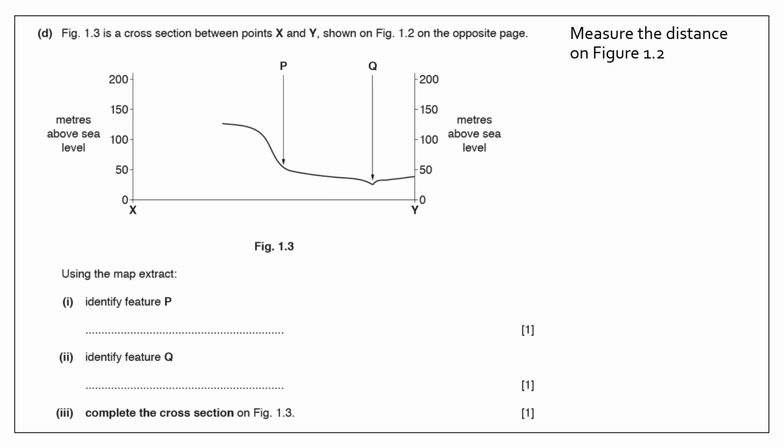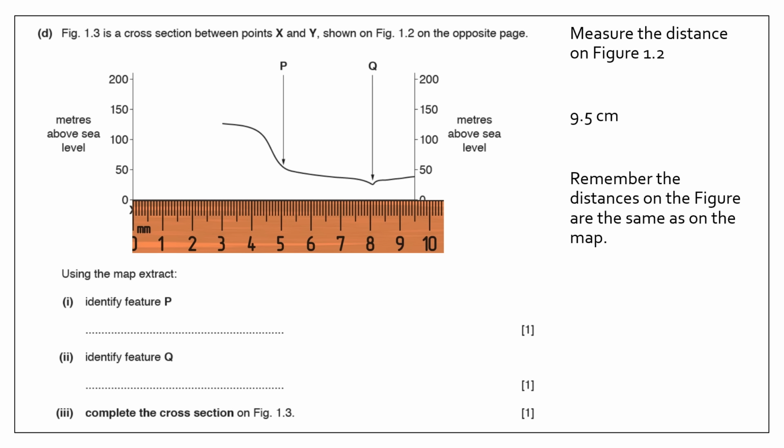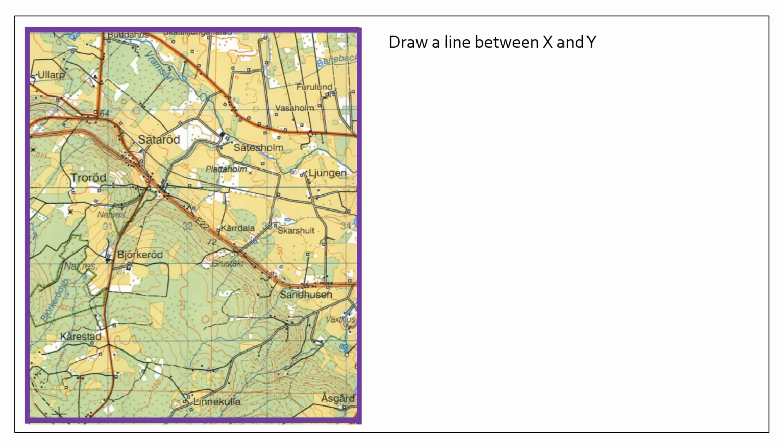So the first thing to remember is that the distance between X and Y on your exam paper is exactly the same, 9.5 centimeters, as what appears on the map. So in this particular case, P is found about 5 centimeters along the line, and Q is found about 8.1 centimeters along this line. So if I was to take the map extract, I would draw a line between the 2 points.